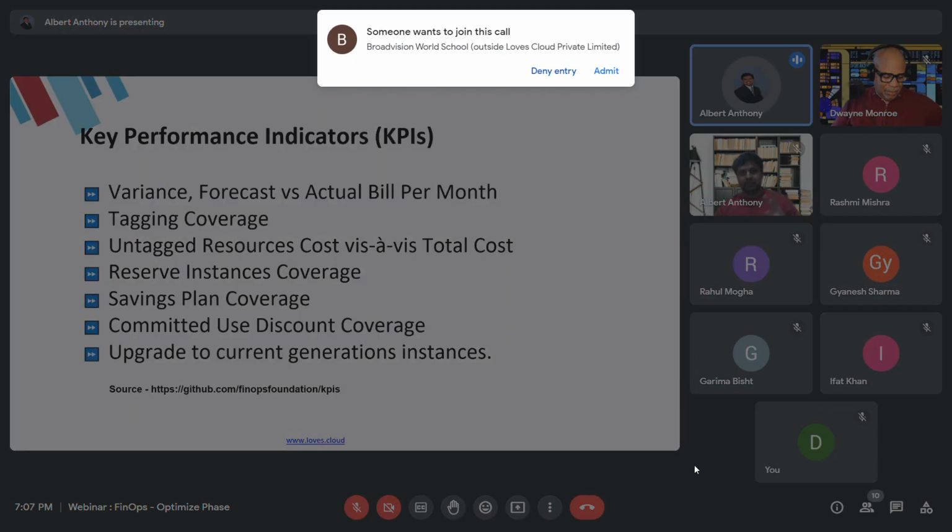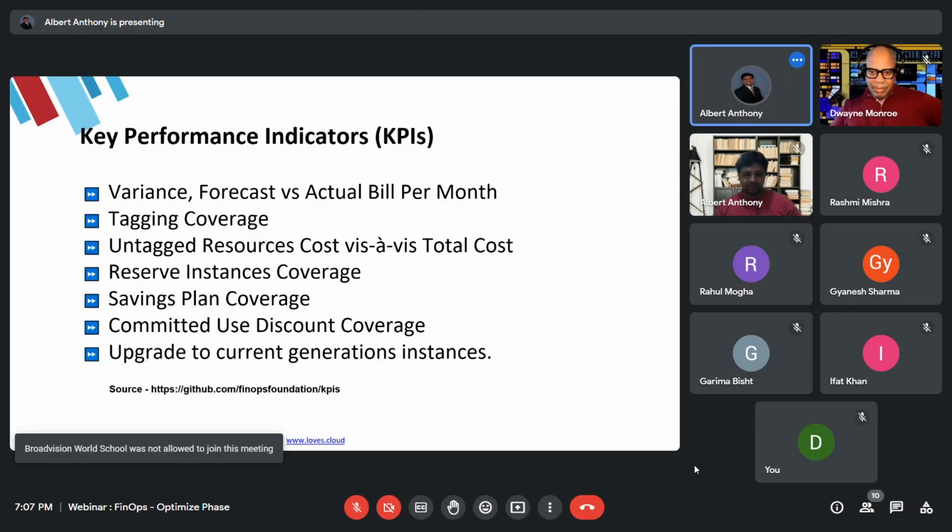The second one is the reserved instances and the savings plan coverage, right? So how do you see that? And I'll give you one example. I think this happened last week. I was preparing an RI coverage report for a client, and they are spending in excess of $150,000 on Azure per month.